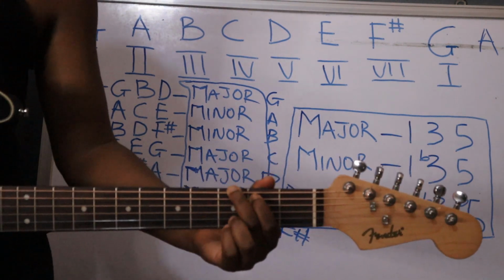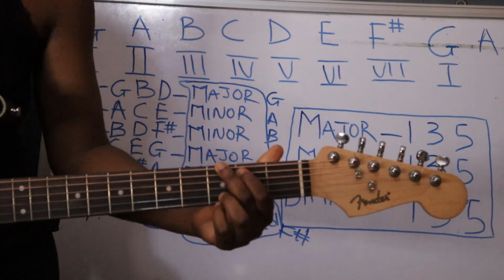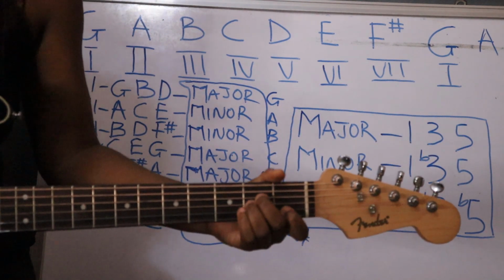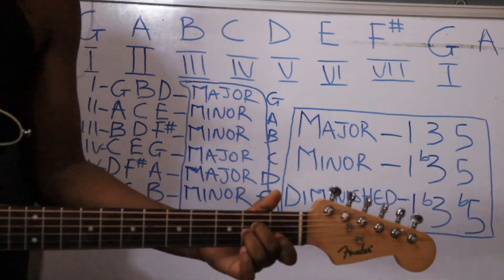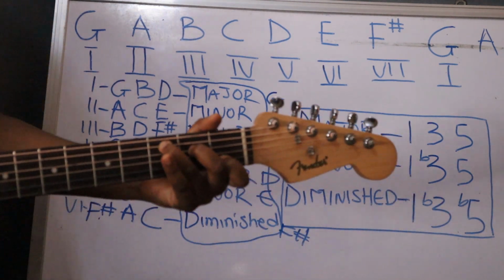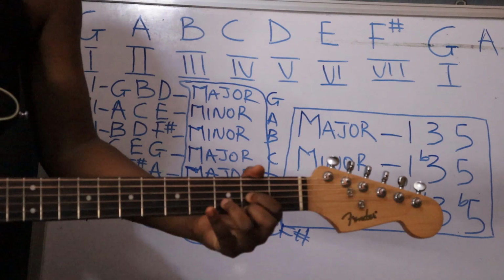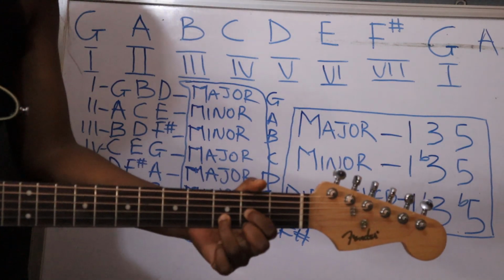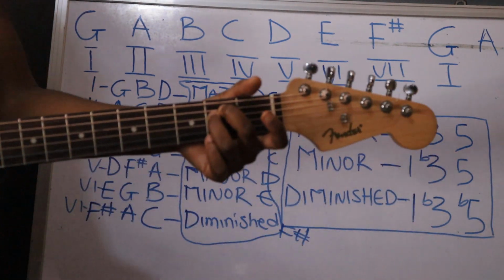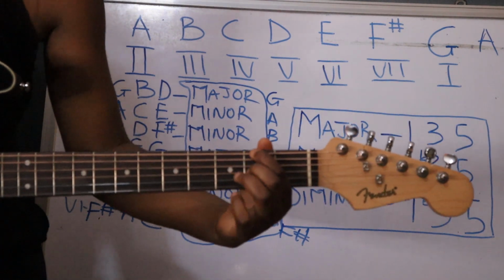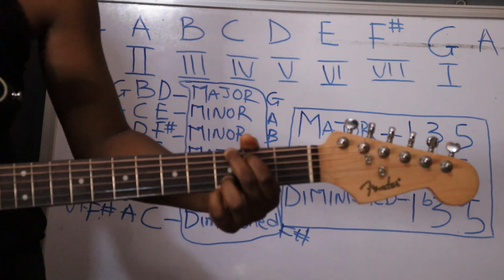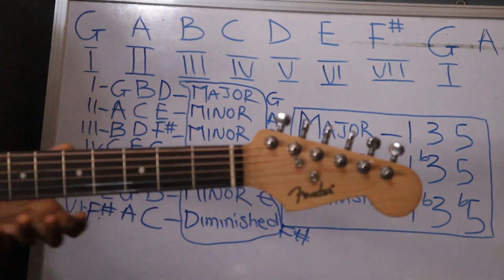So putting all these things that we've learned into practice, the first chord will be G major, second chord A minor, third chord B minor, fourth chord C major, fifth chord D major, sixth E minor, seventh F sharp diminished, and then back to 1. That's G major. Alright, so guys, you see how cool this chord sounds.